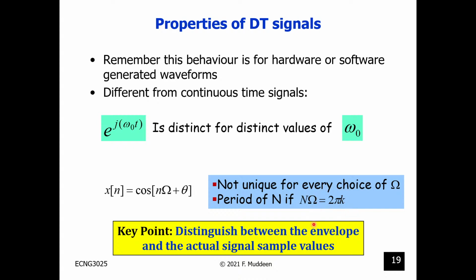And remember, that's also representing our integer property that we saw in the previous slides, so k here needs to be an integer. And once k is not an integer, you don't hold the periodicity property as such.